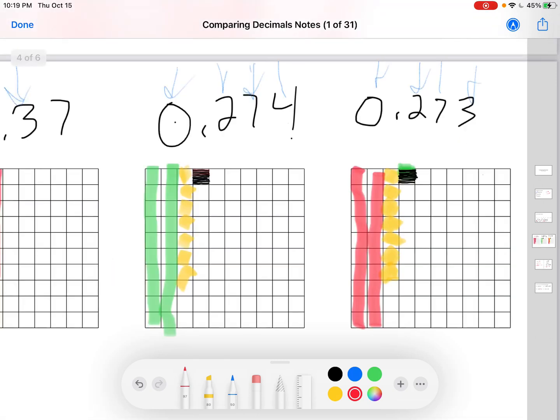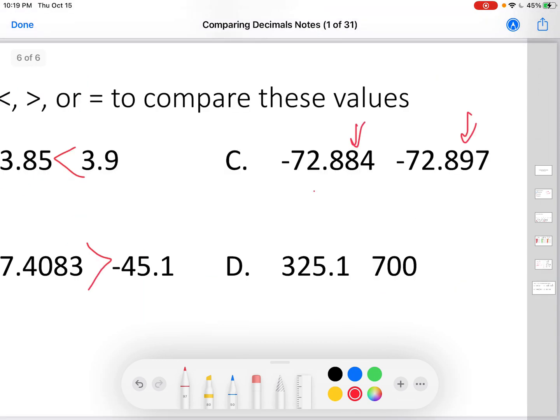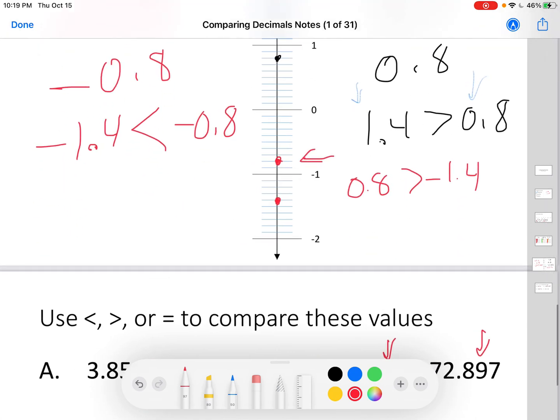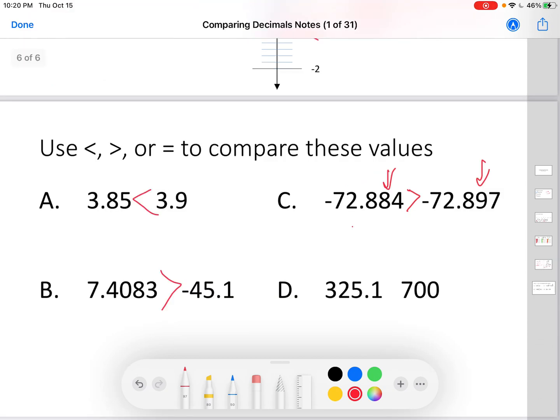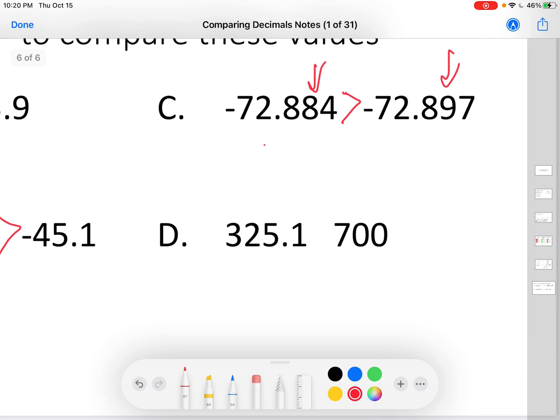It would be these little tiny things. They don't make any difference. They're much too tiny. So this one is more negative, so therefore it is less. This one is greater because it is less negative than that. So on the number line, this one is greater than this one because it is less negative.